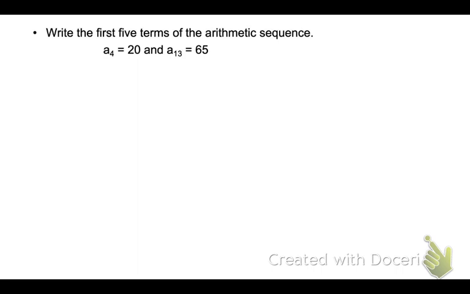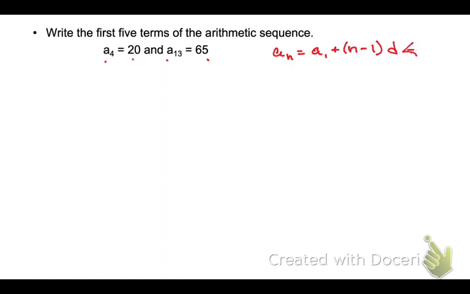So we have this formula that says a sub n equals a sub 1 plus n minus 1 times d. Yes? And I have 2 points, right? So if I plug that information in, should I be able to find d?